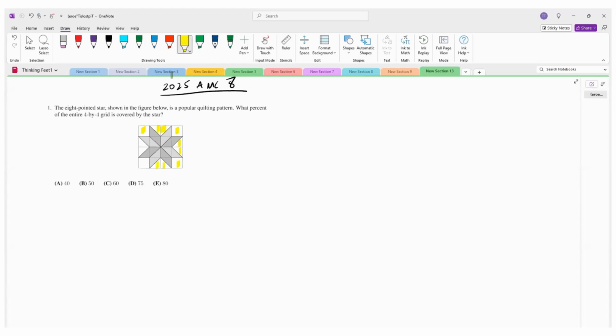star, right? So if we assume that each block is 1 by 1, then the area of this entire square is 4 times 4 is 16.